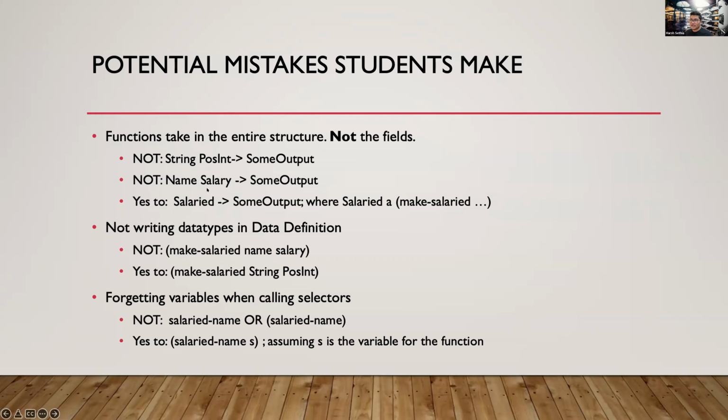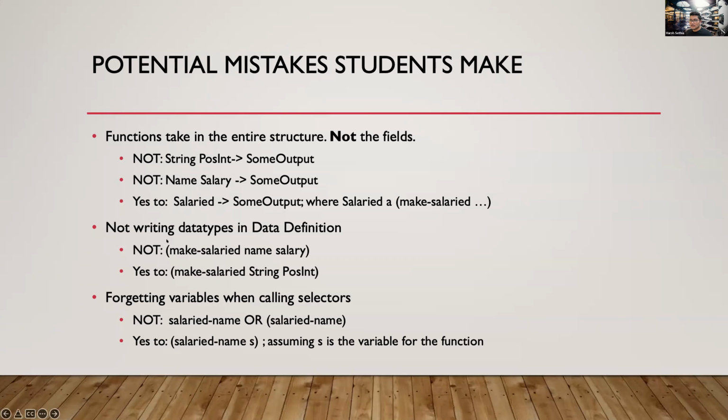But when you're providing it to a function, the signature is never going to be string posint or something like name salary, because these are not even data types. It would be the entire salaried structure to some specific output, where the salaried is something like a make-salaried dot dot dot. So Michael, when it's passed on as an input, that's an instance of a salaried employee.